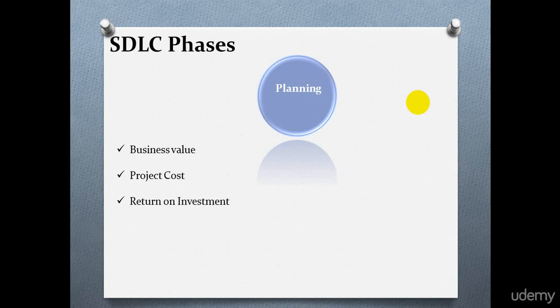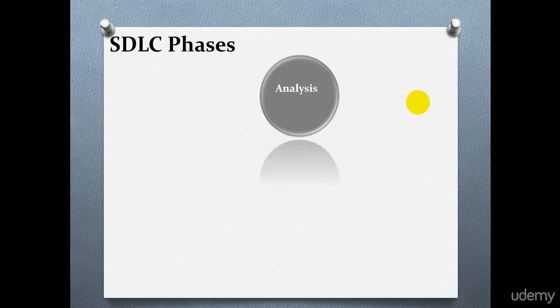Here in this SDLC planning phase, project plan is created which includes the complete schedule of the project. Resources like financial, hardware, software, manpower and infrastructure are identified and documented. Project plan is approved by the top management and the project is kicked off.